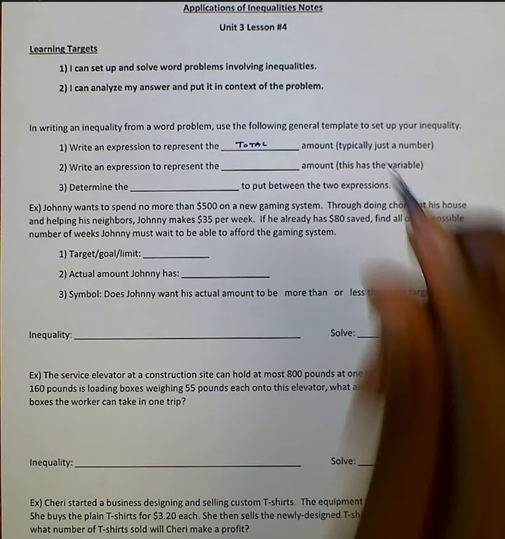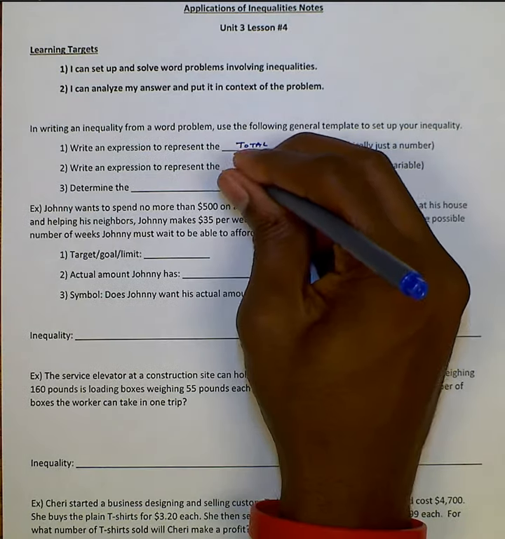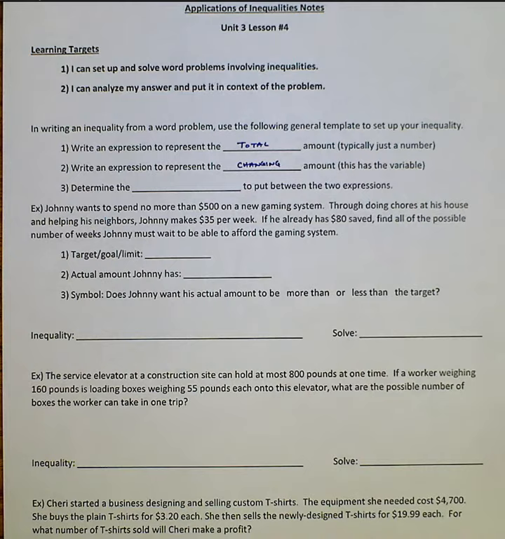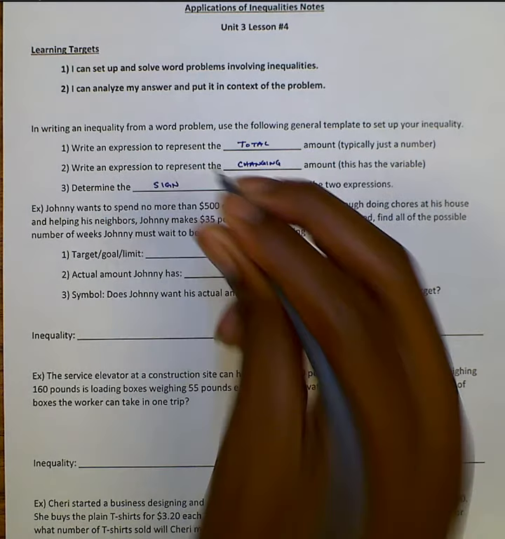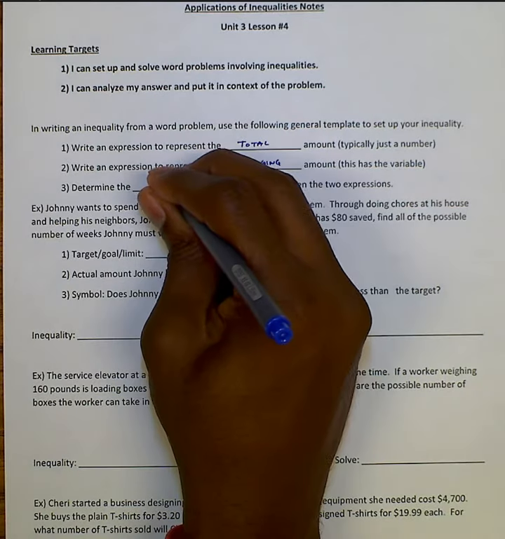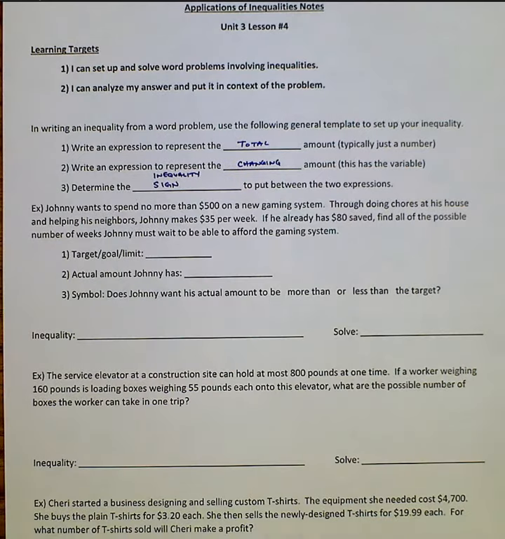Write an expression to represent the changing amount, and then determine the difference. Determine the sign to put between the two, or I'll say inequality sign, the inequality to put between the two expressions.